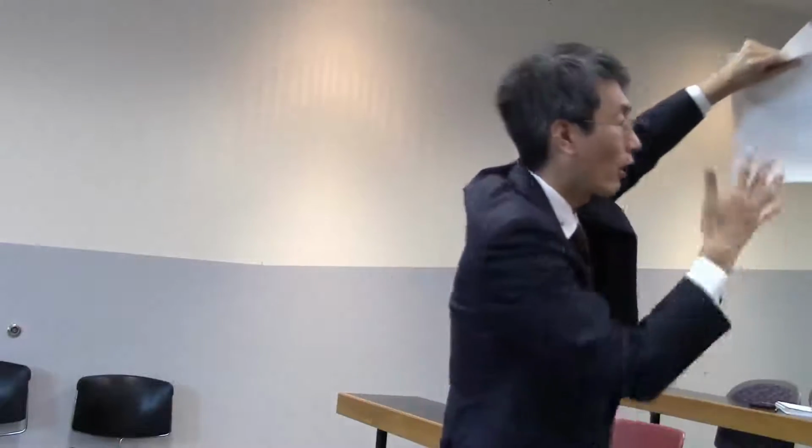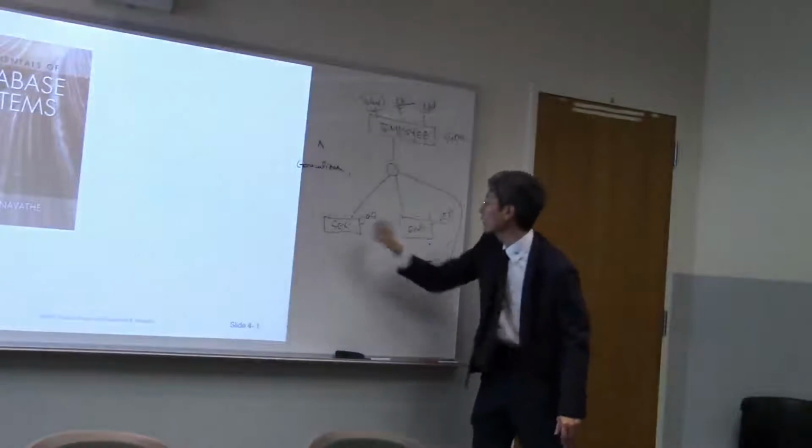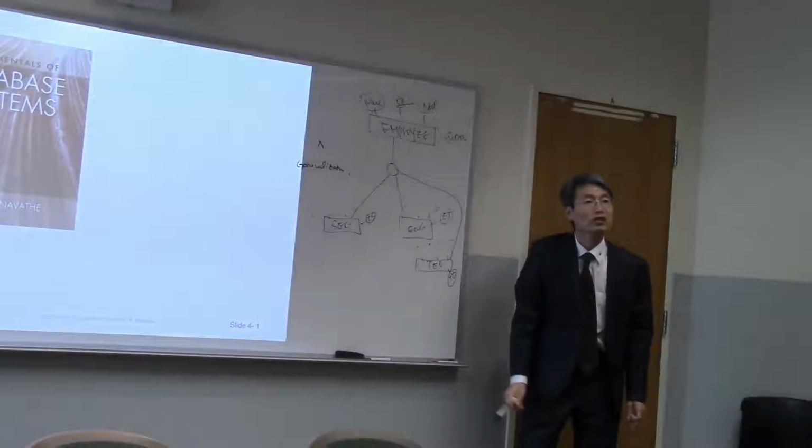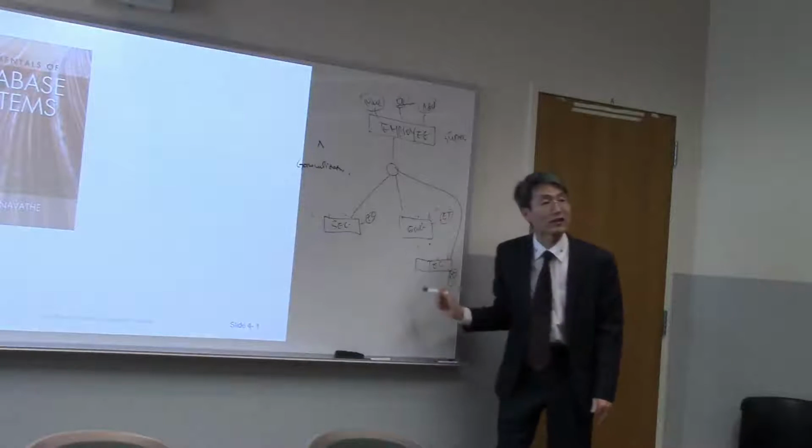Even though your customer gave you only one entity, employee, by analyzing your data as well as the application, you can find from the employee entity these 3 sub-entities, subclasses.